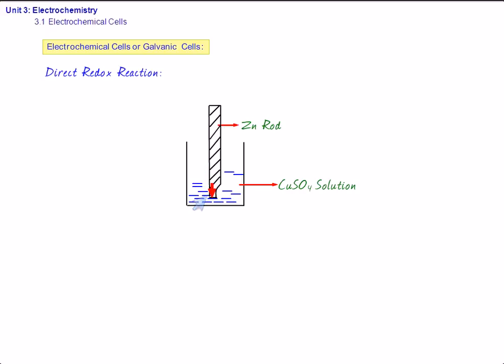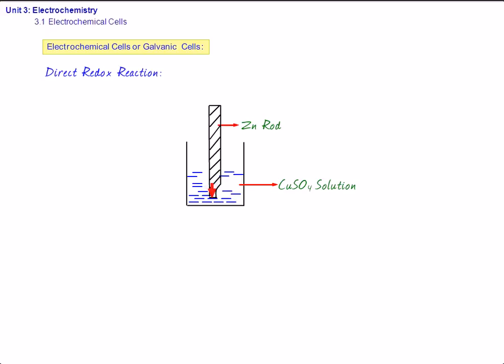When the zinc rod is put in copper sulfate solution, then we observe certain things. Number one, the zinc rod loses its weight. As you can see, the zinc rod gets dissolved. Number two, the color of copper sulfate solution fades.